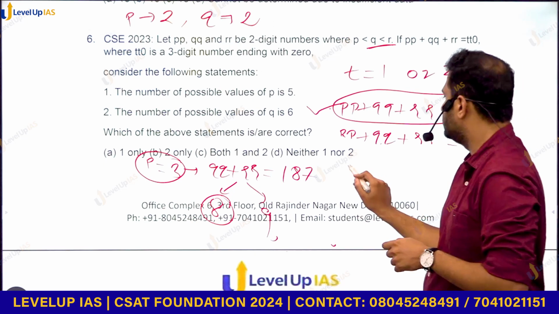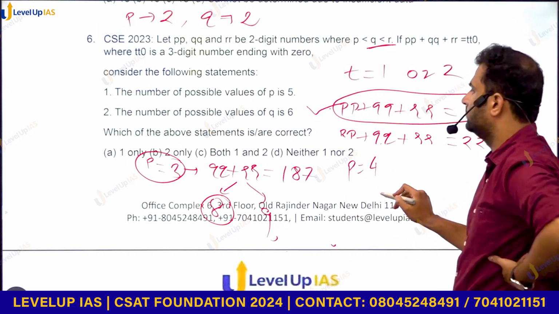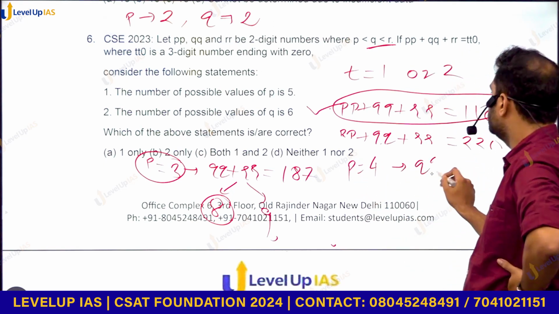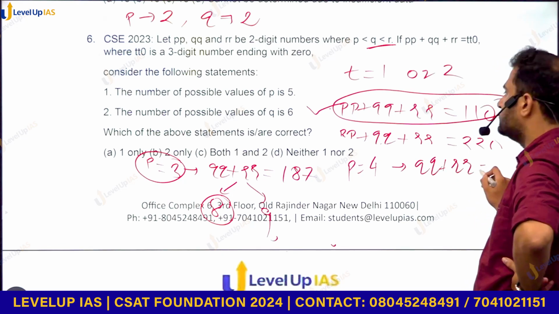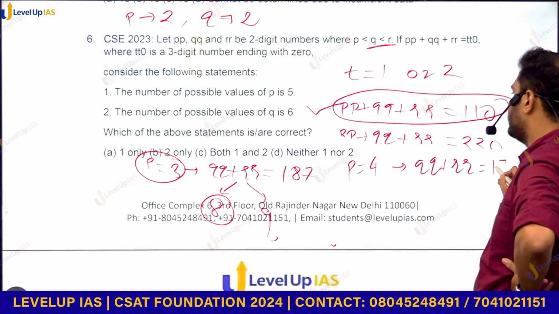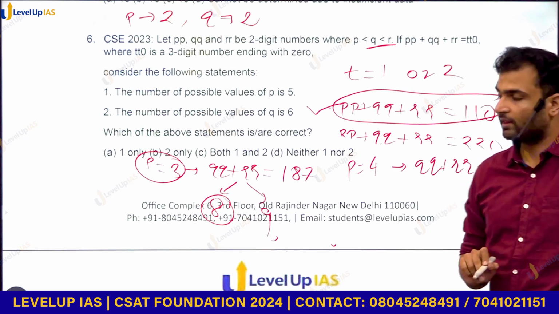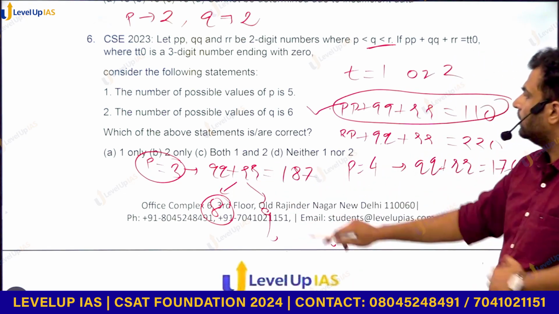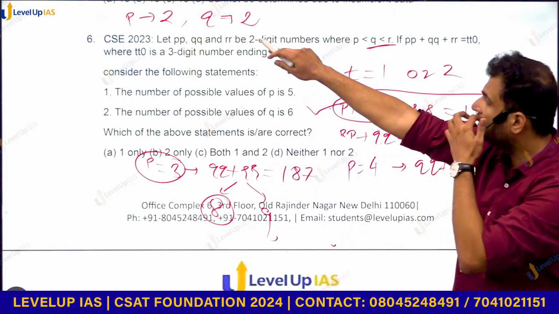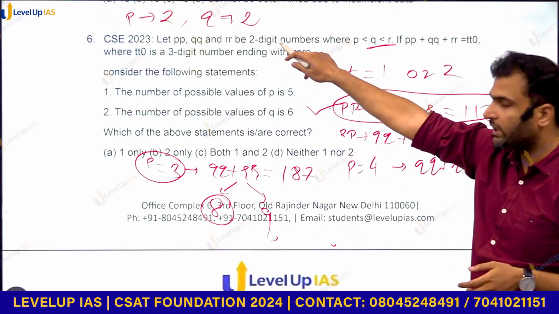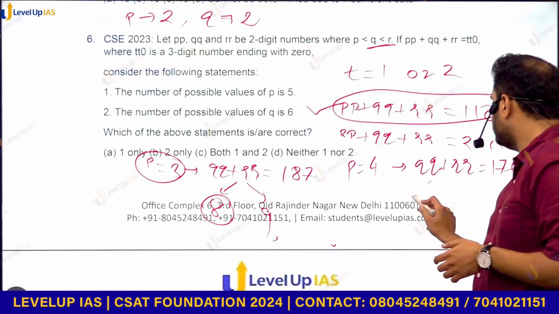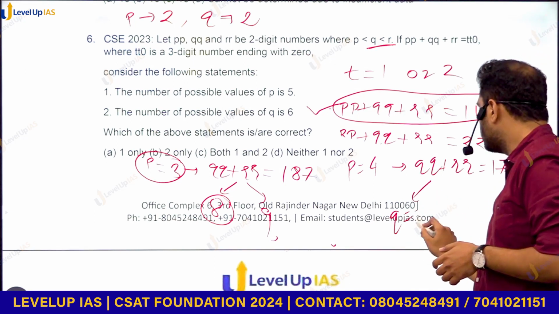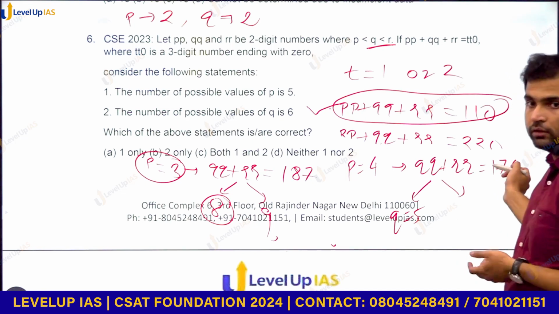Now let us take P is equal to 4 and we'll have QQ plus RR is equal to 176. Again we start with Q is equal to 3, we have checked. Q is equal to 3 and 4, that is ensured there. So Q is equal to 5, let us check. Q is equal to 5, we'll get a 3-digit number.